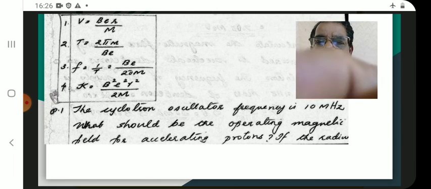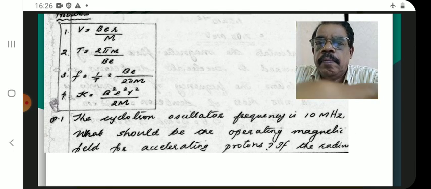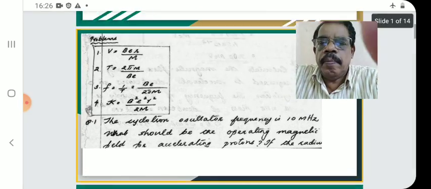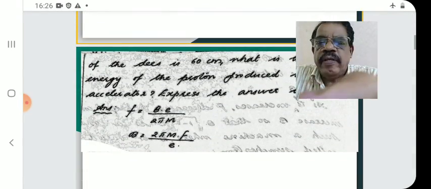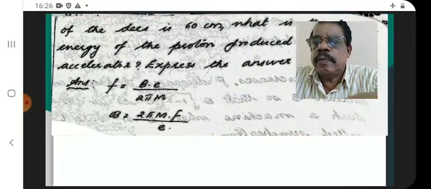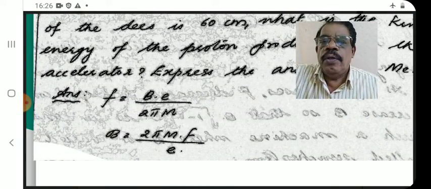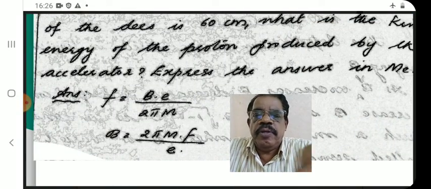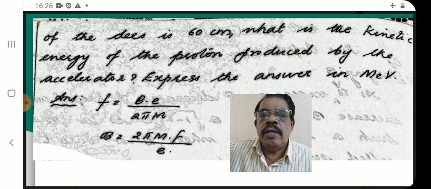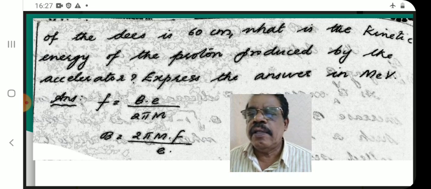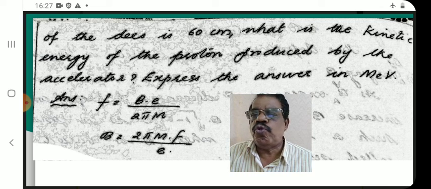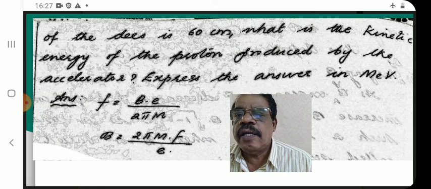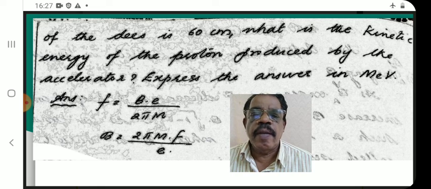If the radius of the D is 60 centimeter, what is the kinetic energy of the proton produced by the accelerator? Express your answer in MeV.